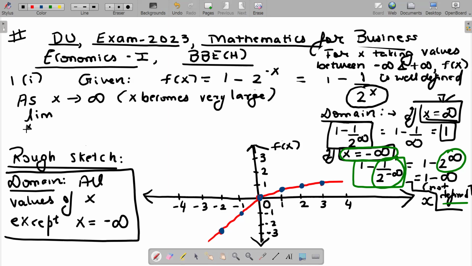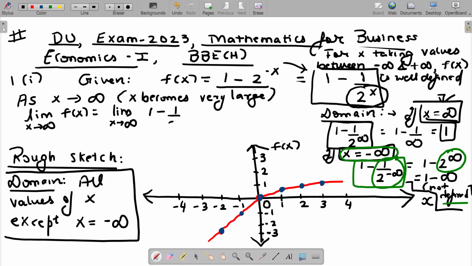Limit as x tends to infinity of f of x, which is the limit as x tends to infinity of 1 minus 1 over 2 to the power x. Put x as infinity. So this will be 1 minus 1 over 2 to the power infinity, and 2 to the power infinity is infinity.